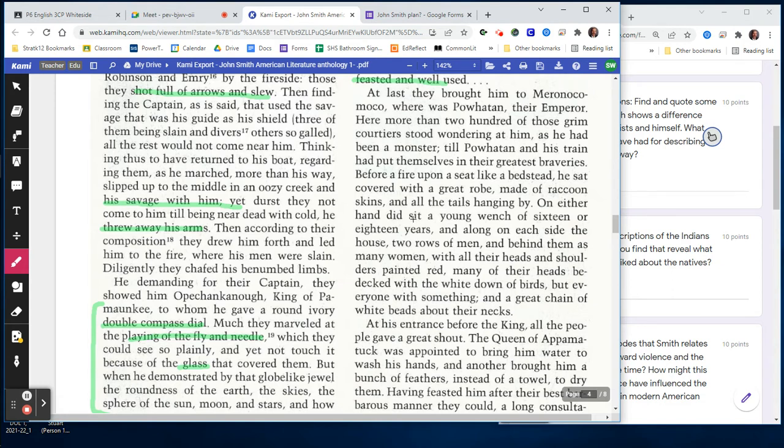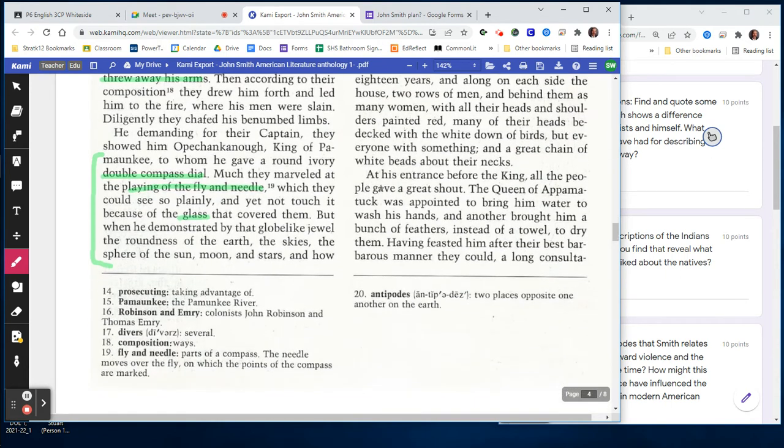On either hand did sit a young wench of 16 or 18 years, and along each side the house 2 rows of men, and behind them as many women, with all their heads and shoulders painted red, many of their heads bedecked with white down of birds, but everyone with something, and a great chain of white beads about their necks. At his entrance before the king, all the people gave a great shout.